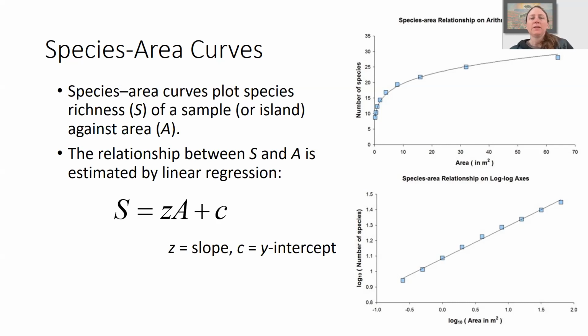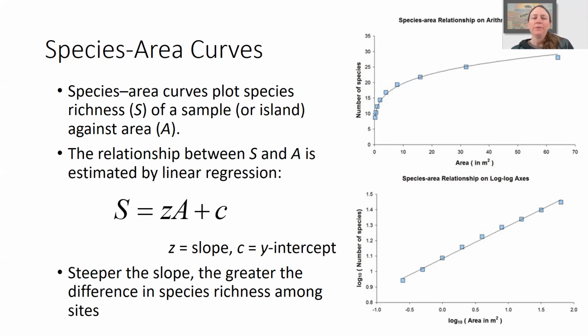And so you can use this equation from the book, species richness equals Z times the area plus C, which is the y-intercept, if you are plotting the log-log. The steeper the slope, the greater the difference in species richness among sites. So this is kind of the simple description that comes from the textbook. And we're going to go into a lot more depth when we go on to the board.